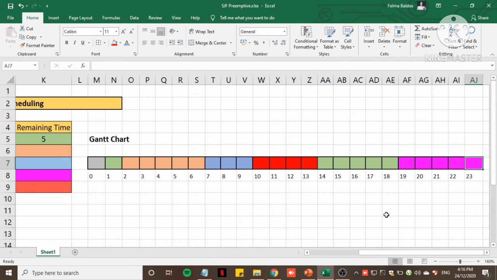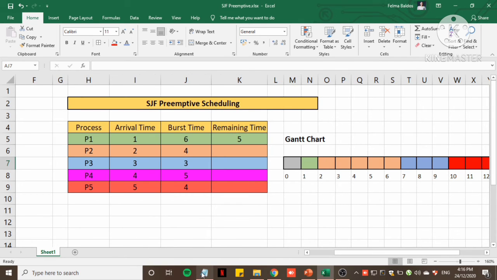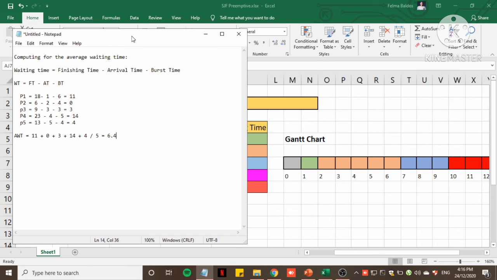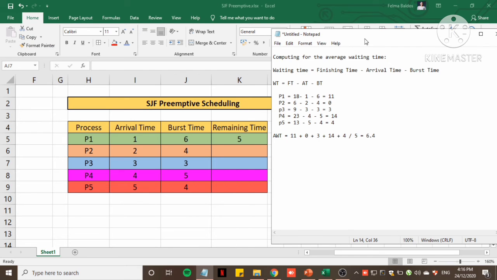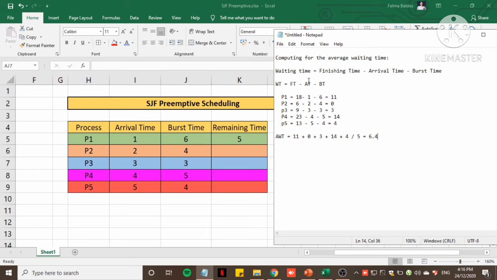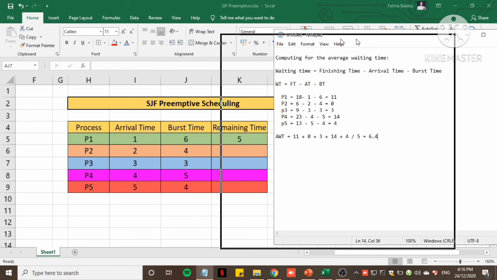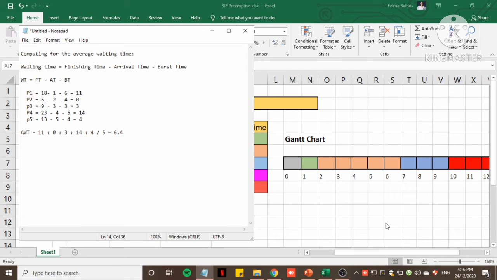So now let's compute the average waiting time. The waiting time is computed by subtracting the arrival time and the burst time from the finishing time. So P1 finished executing at time 18. Let's see if this is correct.